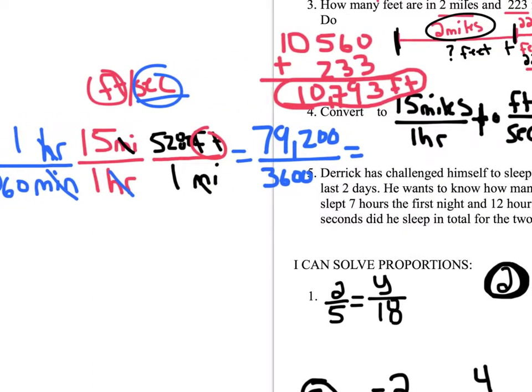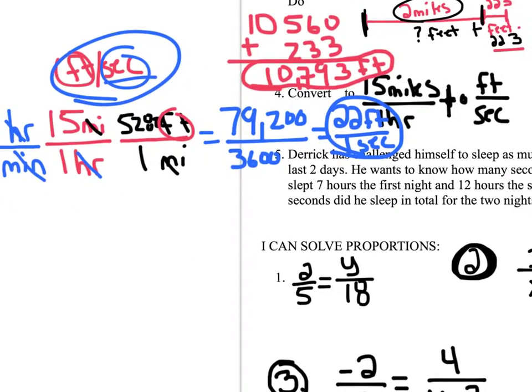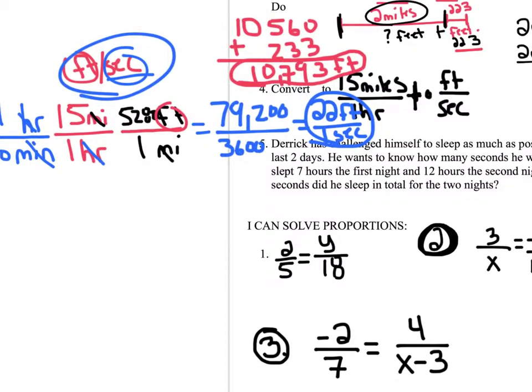It actually turns out to be a nice little number, 22, and then I have 22 feet per 1 second. Okay, because that was the units I was looking for. 22 feet per second is the same as 15 miles per hour. Not too bad. That would mean that if you can run at 15 miles per hour, you're running at 22 feet in a second.